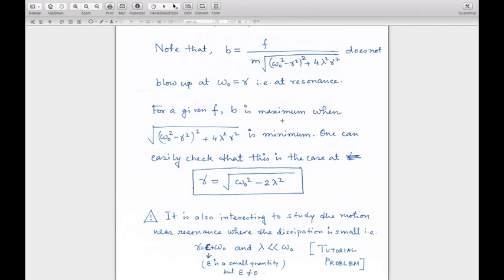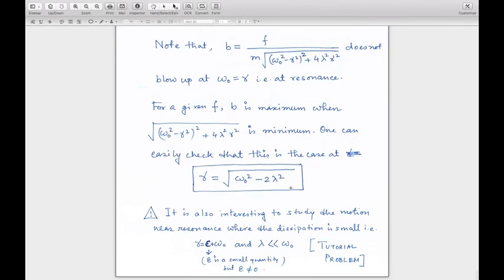You can see that this factor in the denominator is minimum when gamma is equal to root over omega 0 square minus 2 lambda square, and when this is minimum then B is actually maximum. So the condition for B to be a maximum is gamma equal to root over omega 0 square minus 2 lambda square. This is also a very elegant exercise you can do easily.